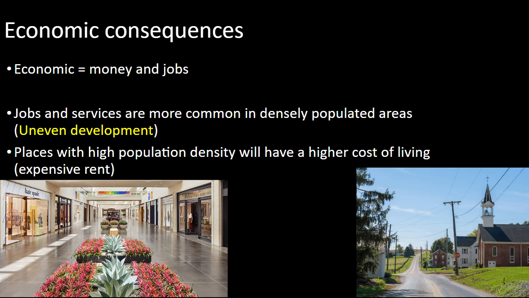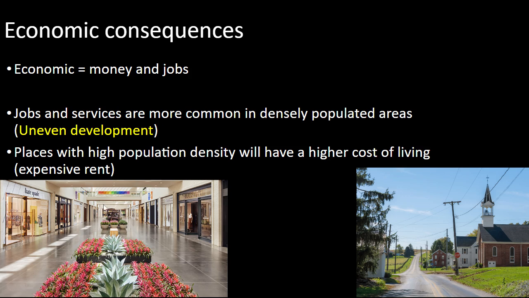So you're going to see that word a lot this year. Economic just means money and jobs. And jobs and services. Services are things that help you in some way, like a doctor, an auto mechanic, a school. Any kind of business is a service. It helps you survive. What we're going to notice is that jobs and services are going to be mostly located in the highly dense areas like cities.